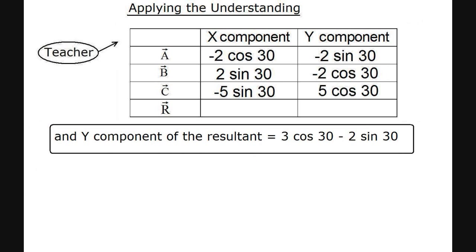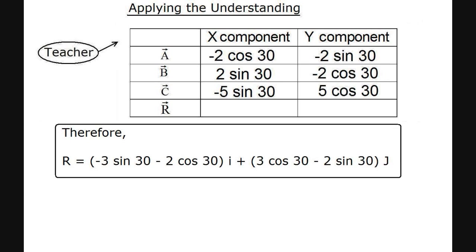And the y component of the resultant is equal to 3 cos 30 minus 2 sin 30. Therefore, R bar is equal to minus 3 sin 30 minus 2 cos 30 times i hat plus 3 cos 30 minus 2 sin 30 times j hat.